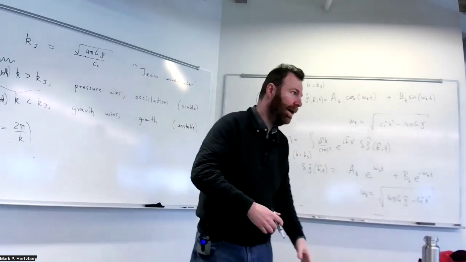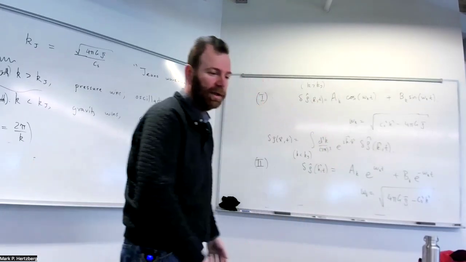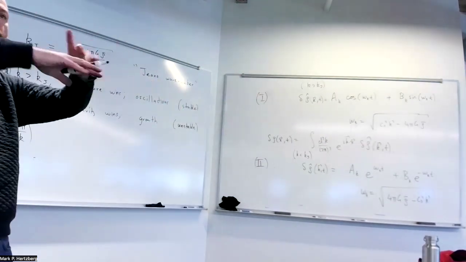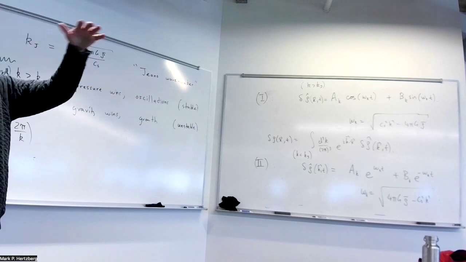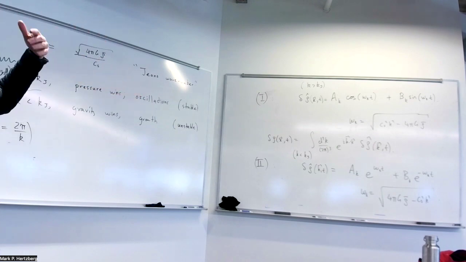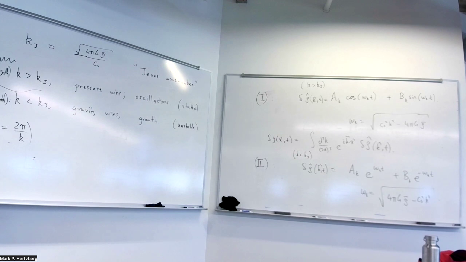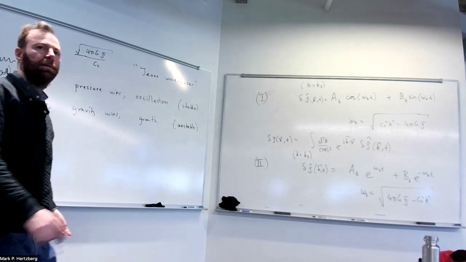So you imagine you lay down initial conditions of some complicated mess, and some of those modes, the short wavelength modes, will just oscillate, and the long wavelength modes will grow. You have these two effects going on simultaneously for generic initial conditions.